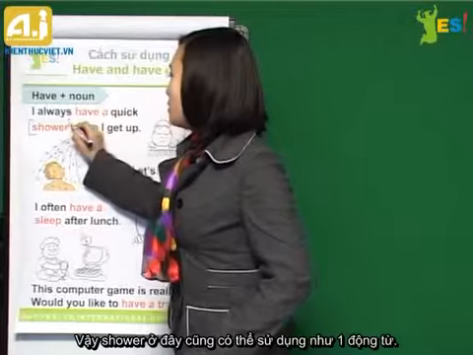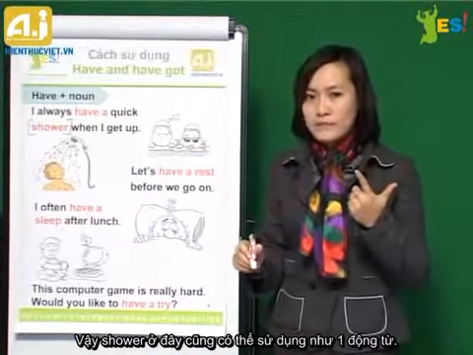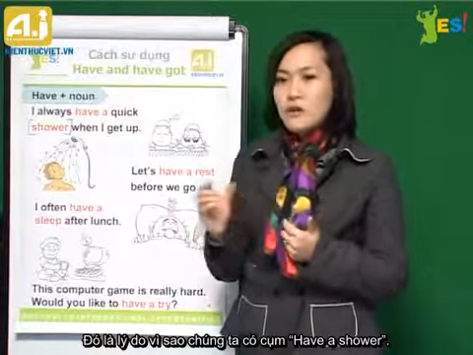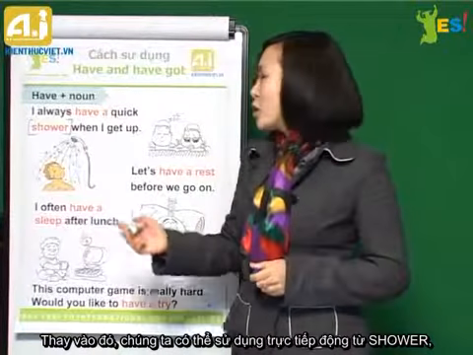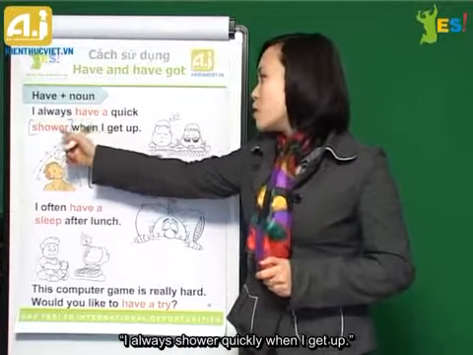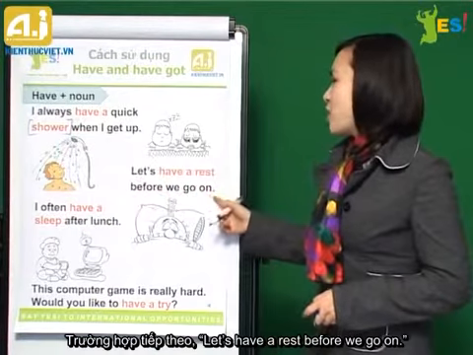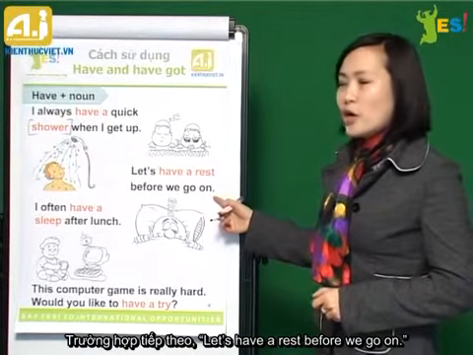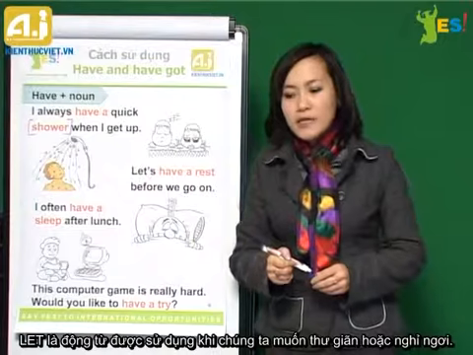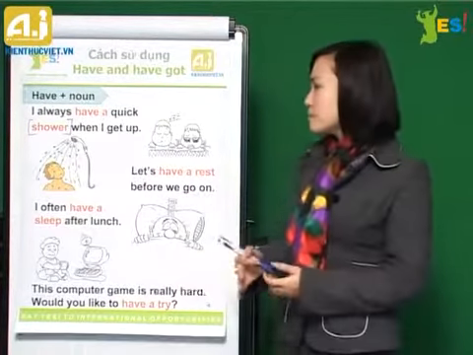So, shower is a word you can use as a noun or a verb. That's why you have the phrase have a shower. Instead, you can actually use directly the verb shower. I always shower quickly when I get up. The next case, let's have a rest before we go on. Rest is a verb to talk about when you want to relax, to take a break or something.